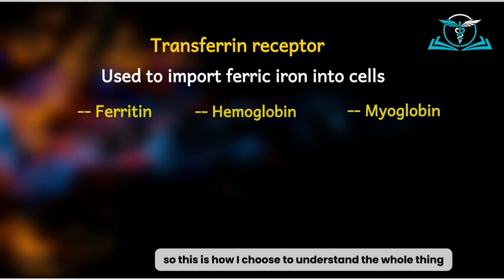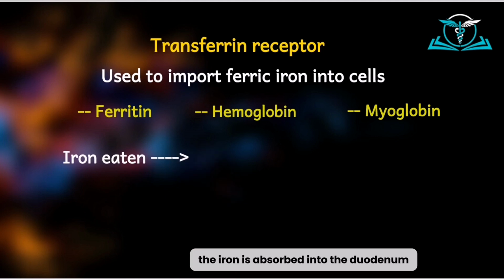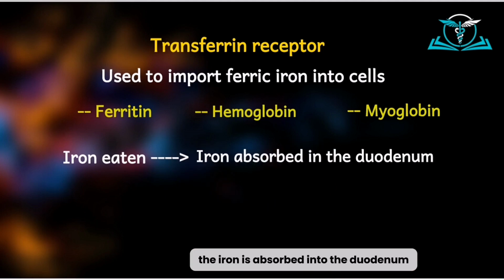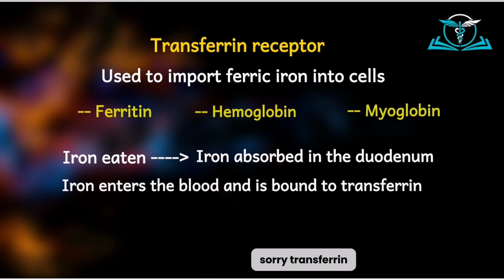Now, this is how I choose to understand the whole thing. First of all, we eat iron. The iron is absorbed into the duodenum. It enters the bloodstream and it is bound to transferrin.